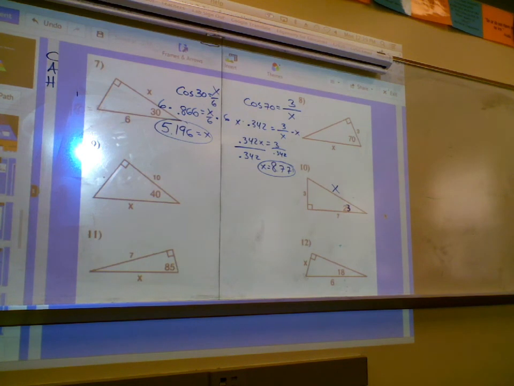Is what? 7 adjacent to them. So it'd be 7 over. You got it. Good job, Jamara. Close. I want hypotenuse.